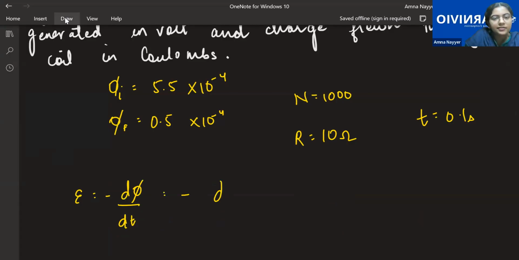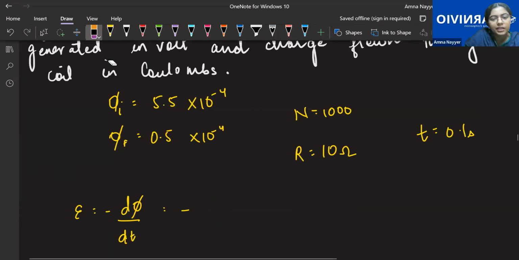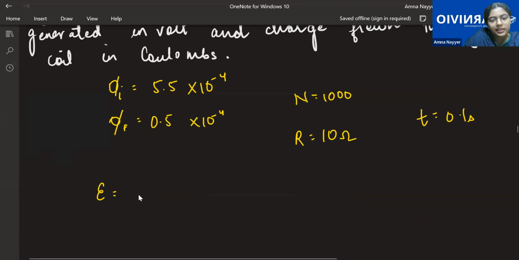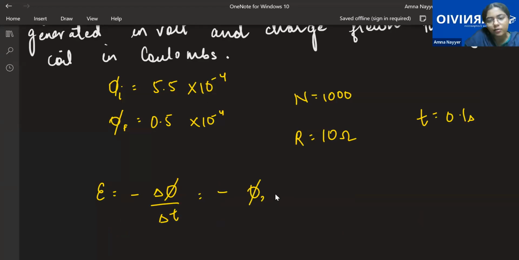When you have such finite values, you can use this formula also: E is equal to minus delta φ by delta t. Same thing. For finite values, you use the bigger one. So φ2 minus φ1 by t2 minus t1.